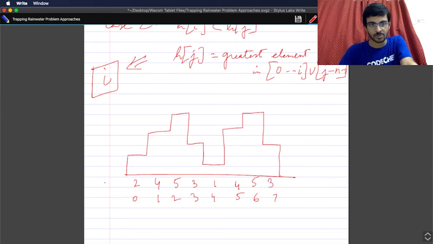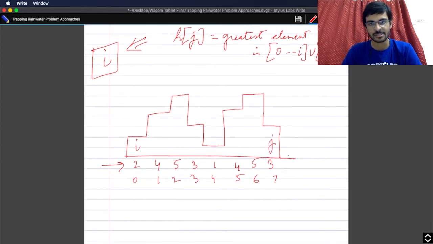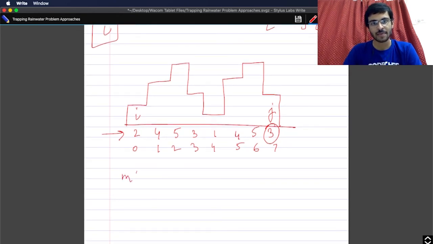So these are the heights. Now what can we say from here? First we are at these two things, i and j. Which is the greater? This is the greater. Using this greater, I know the max left. Now what is the max left? ml and mr, these are the things I'm keeping. Max left is 2 and max right is going to be 3.